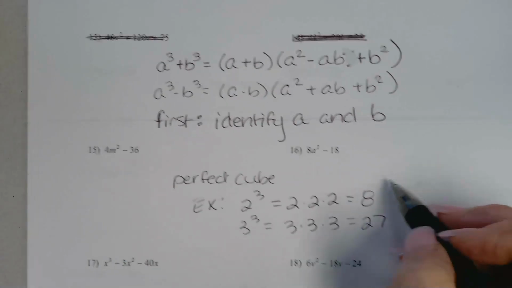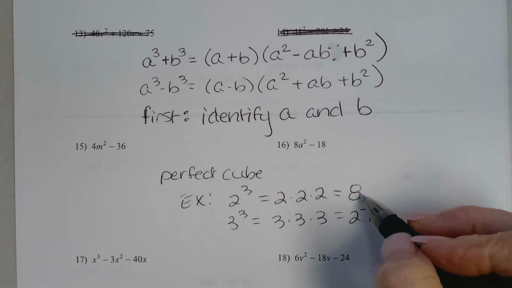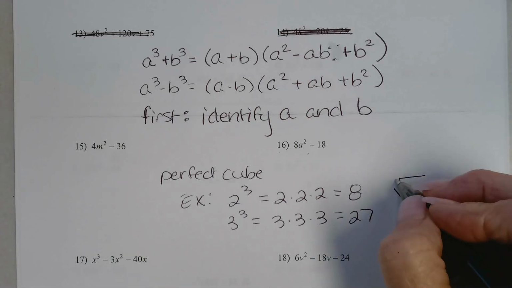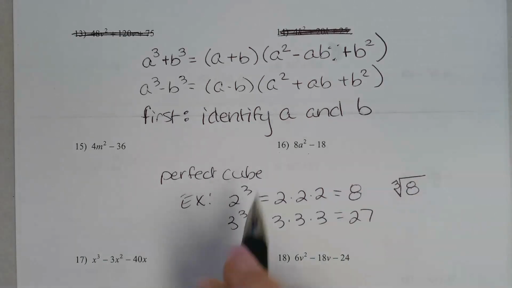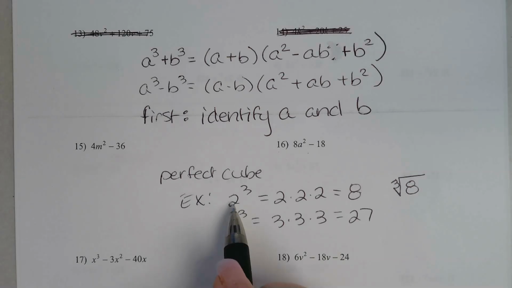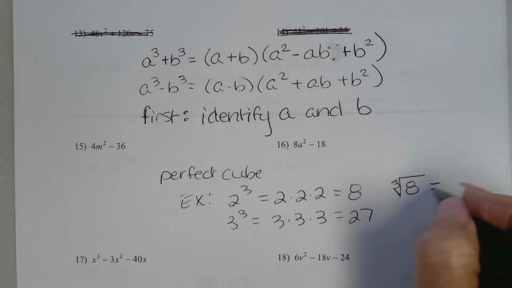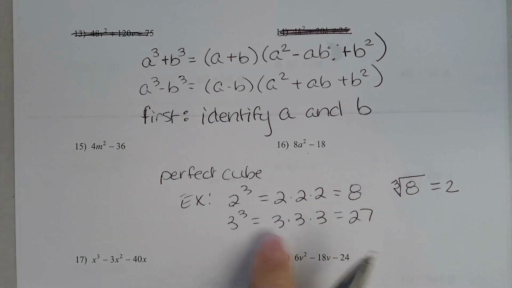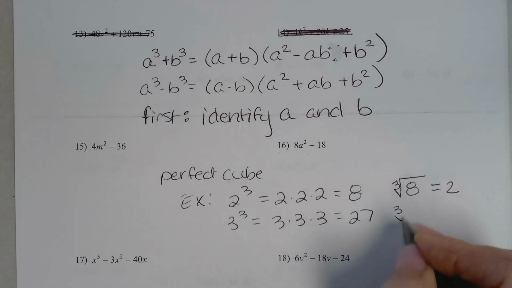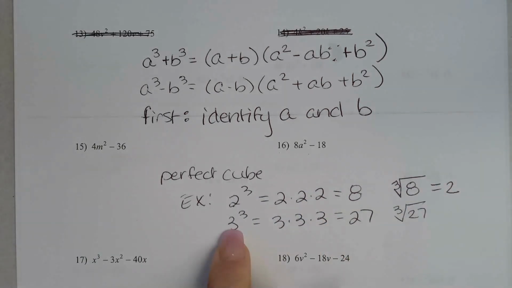So if I were to ask you what the cube root is for 8, I want to know this number. The base number is what I'm looking for. That was taken to the third power, and that is 2. And if I wanted to know the cube root of 27, that is 3.